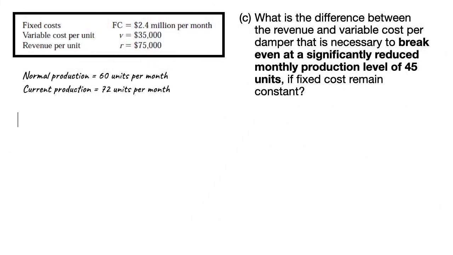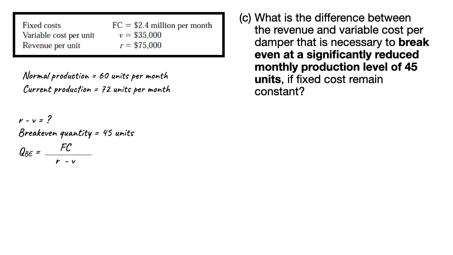The third question asks you the difference between the revenue and the variable cost. So R minus V, he wants to know how much. Given that the break-even quantity is reduced to 45 units instead of 60, they want to reduce the break-even quantity to 45 units.